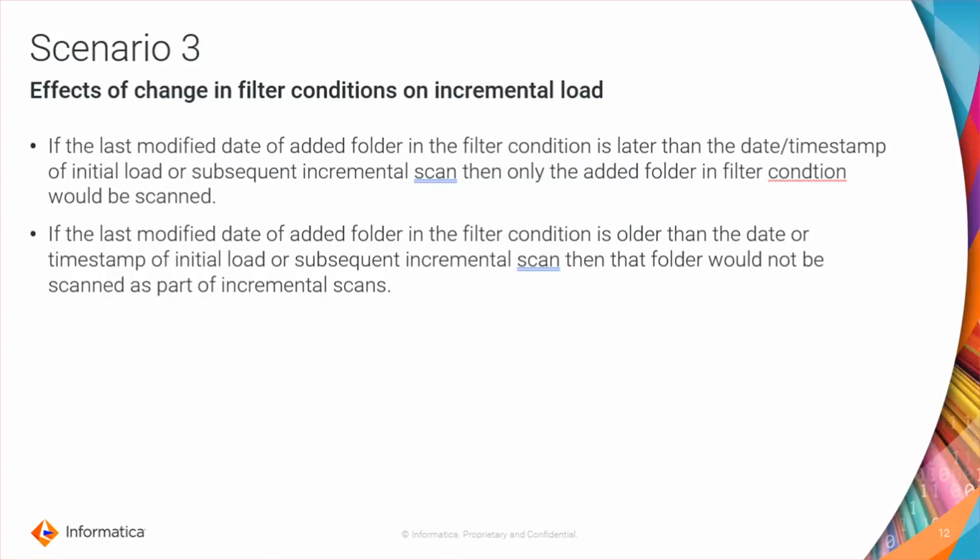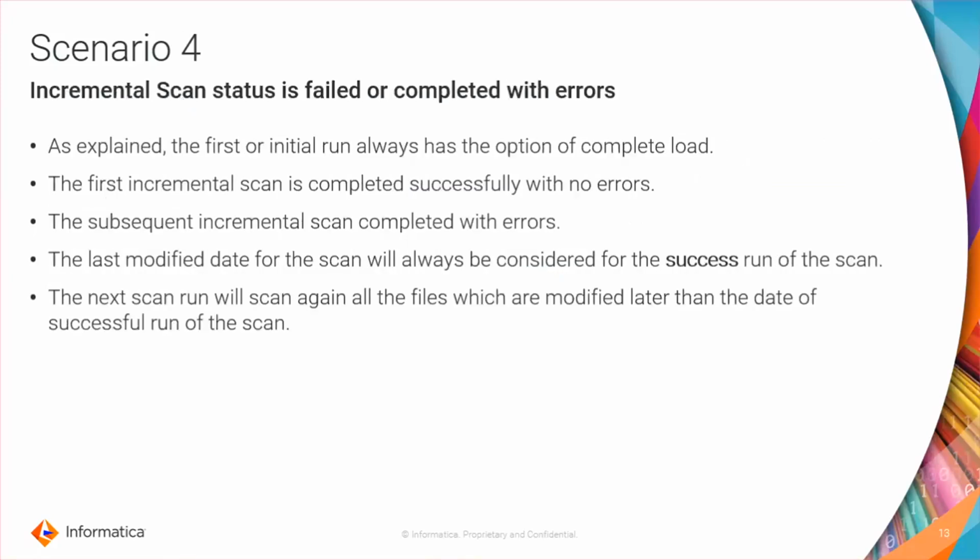Going forward, let's consider a scenario where the incremental scan status is failed or is in completed with errors state. As explained in the previous slide, the first or initial run always has the option of complete load. The first incremental scan is completed successfully with no errors, and the subsequent incremental scan is completed with errors.